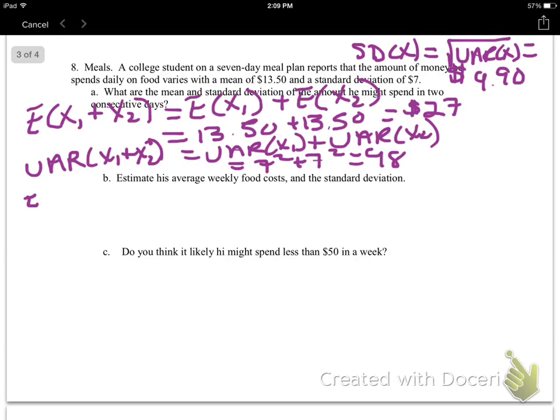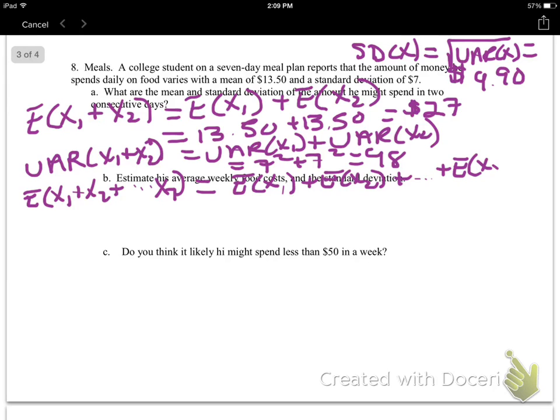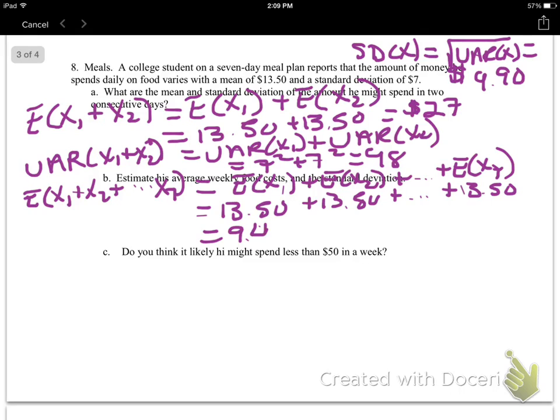So that is going to be the expected value of X1 plus X2 plus dot dot dot X7, which is equal to the expected value of X1 plus the expected value of X2 plus dot dot dot plus the expected value of X7, which is 13.50 plus 13.50 plus dot dot dot plus 13.50, which is 13.50 times 7. So I get $94.50. Okay.